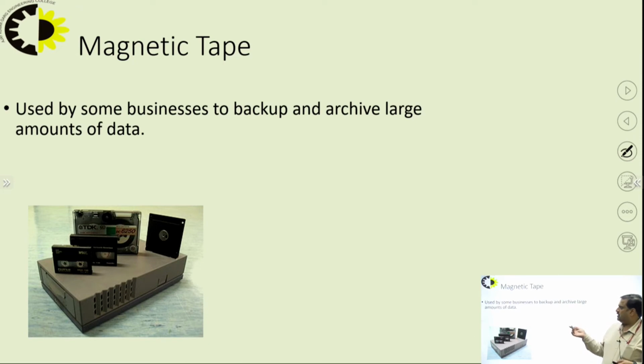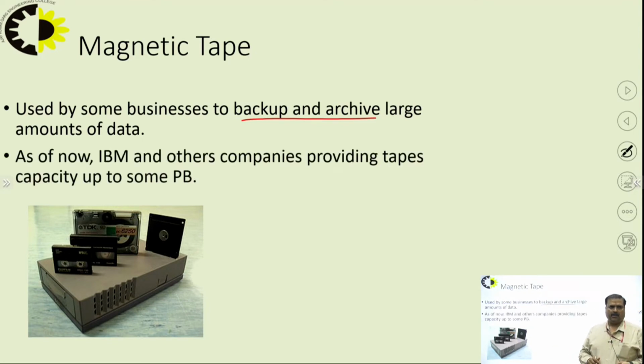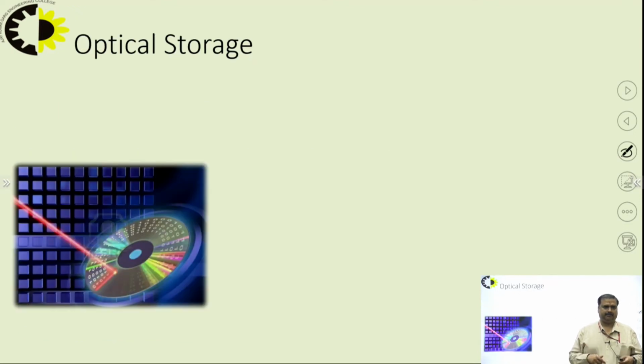So still they are being used in business to back up and archive large amounts of data, to back up data and keep it in a repository. Like as of now, IBM and other companies provide tapes whose capacity is up to some petabytes. So very large storage capacity magnetic tapes are available to hold the data as backup.